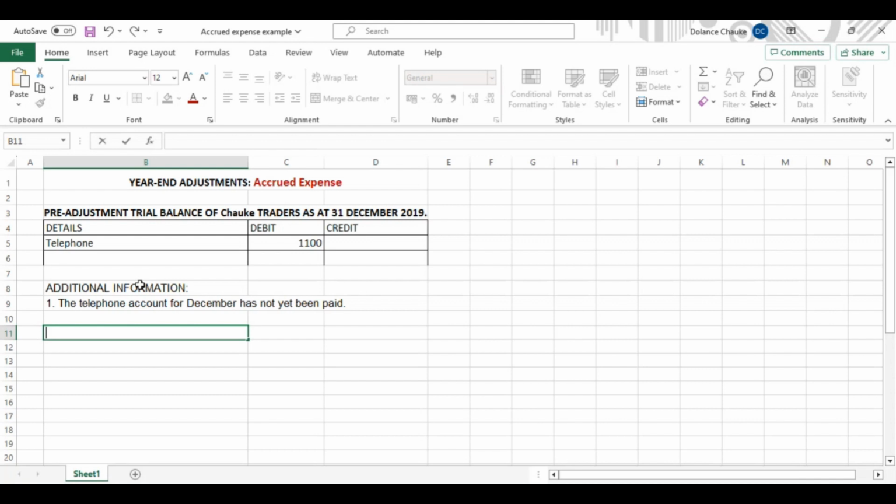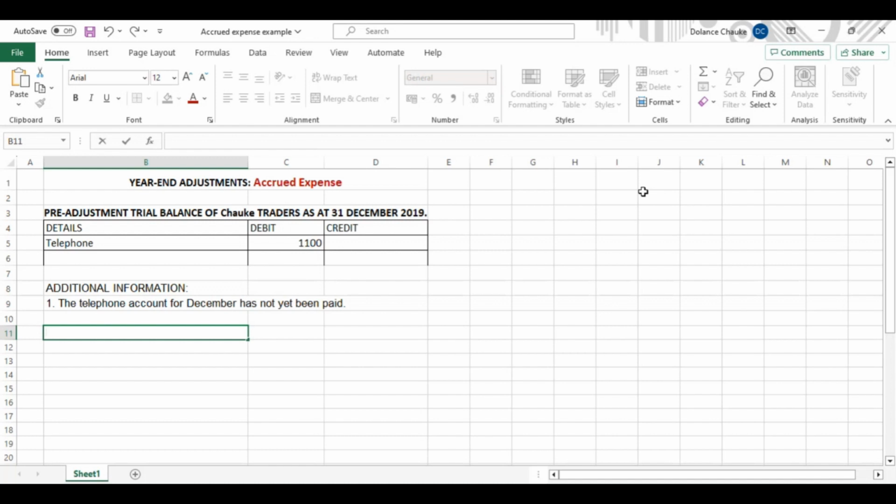Additional information, right? The additional information says the telephone account for December has not yet been paid. So it means we have 1 month in our financial period that is still outstanding or that is accrued, okay?